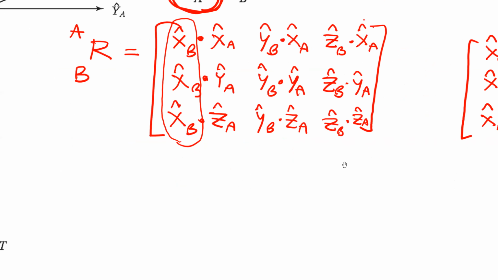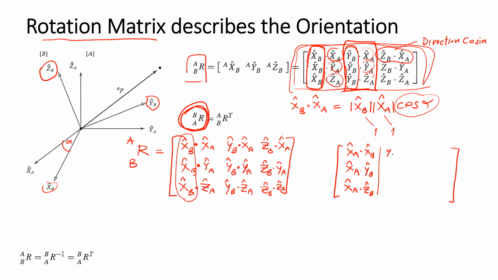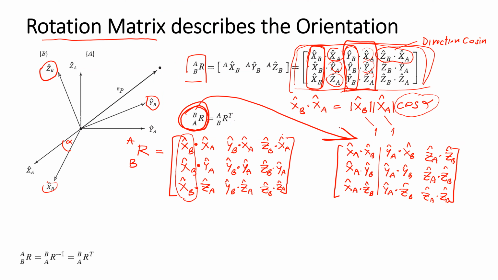How the y vector of A makes with x of B, y of B, and z of B, and how the z unit vector of frame A makes with the z of frame B. That is A with respect to B. And yeah, these are the same. This is B with respect to A.